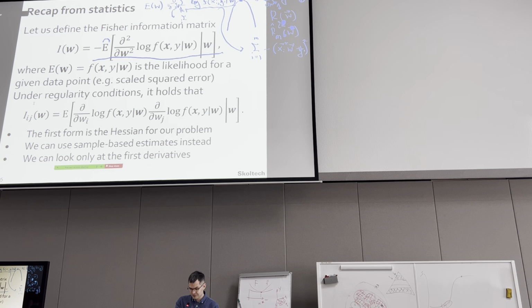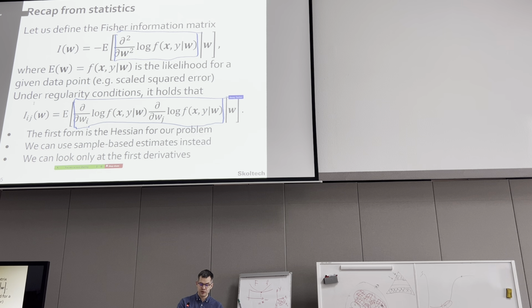Also there is a theorem that says that under some regularity conditions, instead of calculating the second derivative, we can calculate the product of two first derivatives. So basically this second derivative, when you take the expectation, is close to the product of the first derivatives.